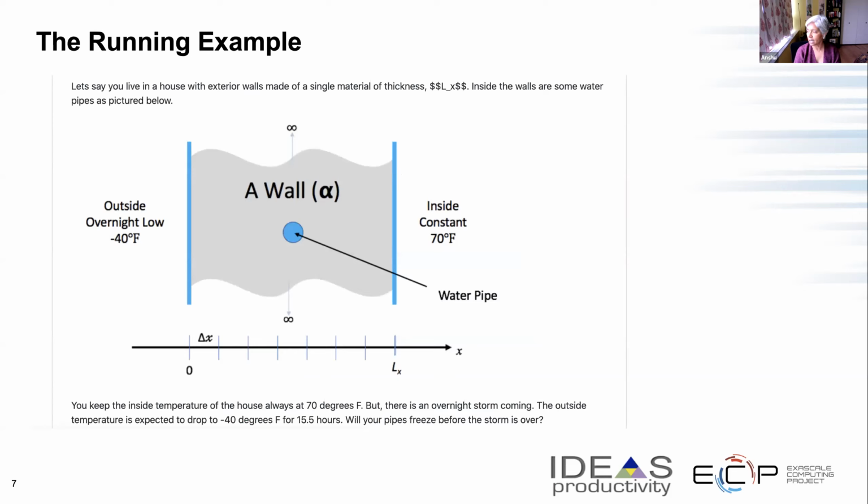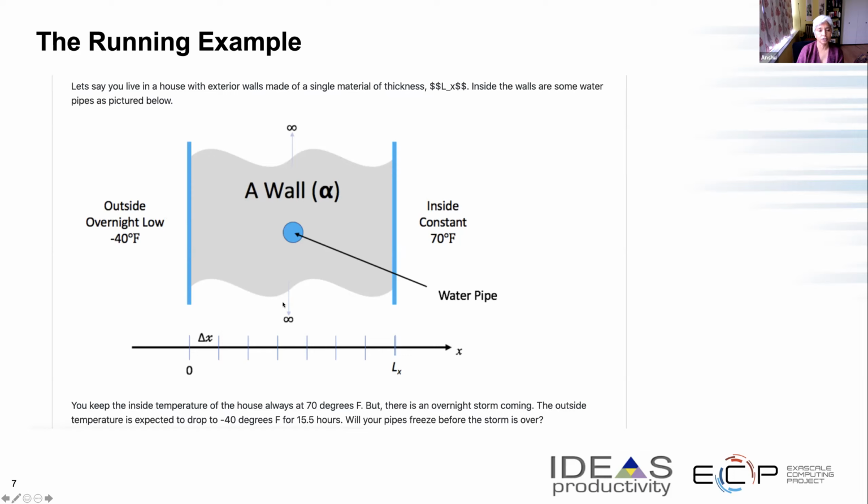So I want to give an example of how to do software design with a running example. The website that David pointed to in the introduction is about this heat equation, where it is a solution for this problem where you are in a house with exterior walls that are made of a single material. Inside of it, there are some water pipes, and then there is the outside temperature and the inside temperature.